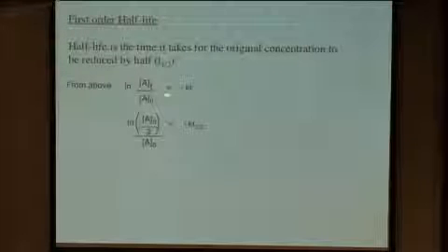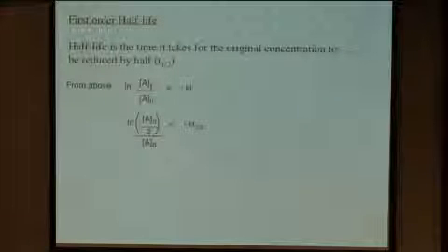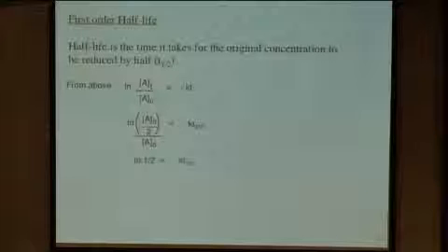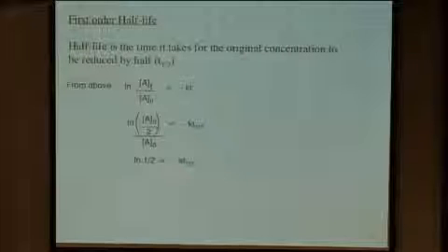And so now t has a special name. It's t 1/2 here. So now we can simplify this expression to come up with an expression for half-life for a first-order reaction. So the [A]0, or original concentrations, cancel out, and so we have the natural log of a half equals minus k, our rate constant, times t 1/2.